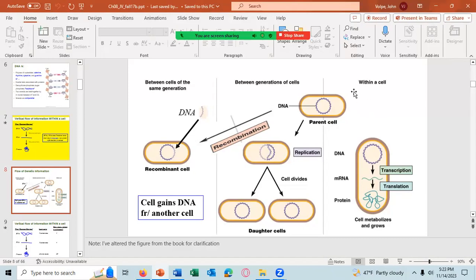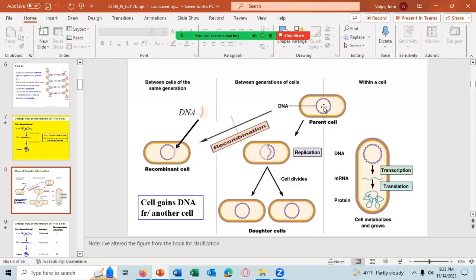You can also have the flow of information between generations of cells. And for humans, we'd say that's the flow of generation from parents to offspring. So with a cell, you have a parent cell, that DNA can be replicated, and then the DNA will move to opposite ends of the cell, and then the cell will split down the middle, with each daughter cell getting a copy of the information from the parent cell.